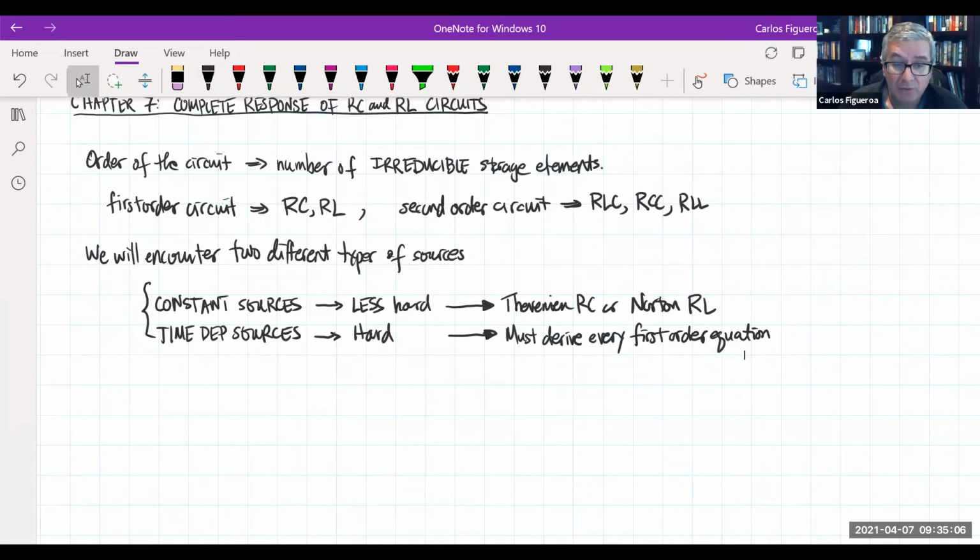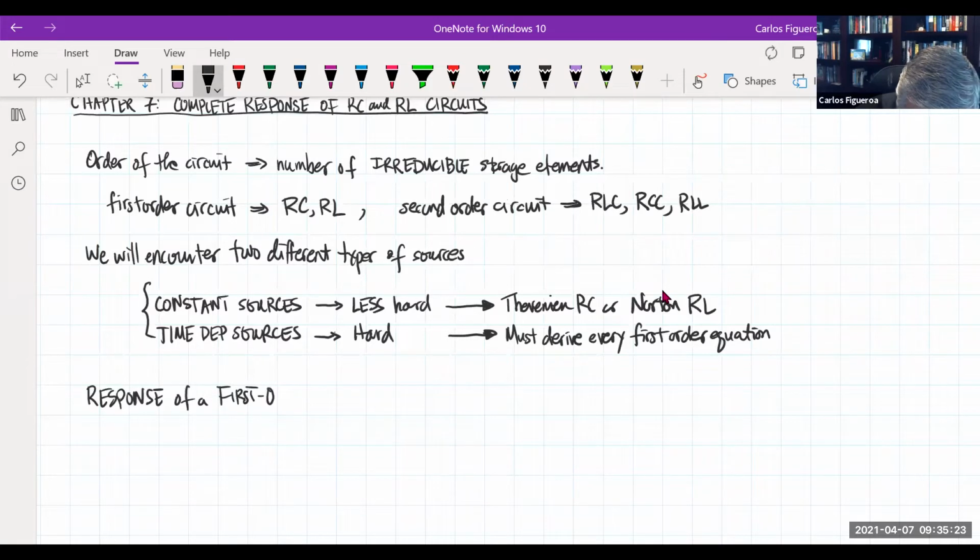Okay, so the way we typically write this, I'm going to start with the first one. If I have a constant source, here's what we say. For a constant source, we're going to look at the response of a first order circuit, and here it is, to a constant input.